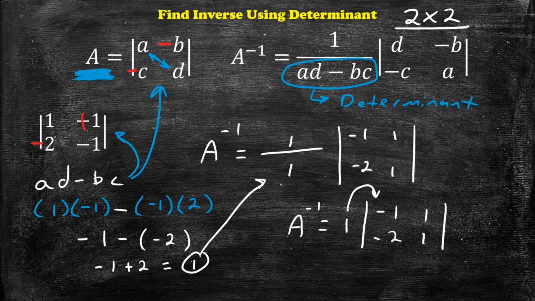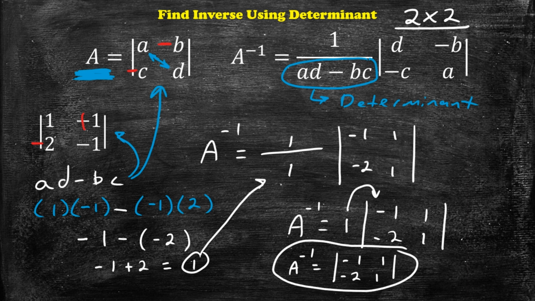In this case, it's 1, so everything's going to stay the same. However, if it was a different number, you have to multiply it to every number inside. All right, so now what we know is that the inverse of our matrix is -1, 1, -2, and 1. Okay, so we found our inverse here. Therefore, this example is complete.